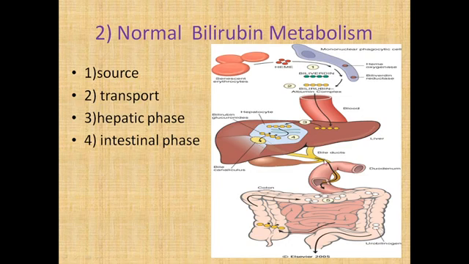So bilirubin, urobilinogen, and stercobilinogen are all different. And why are these steps required? Because this unconjugated bilirubin, which is formed from senescent RBC, is water insoluble and lipid soluble.